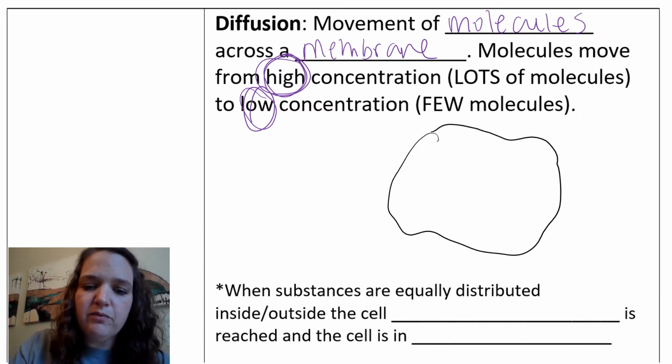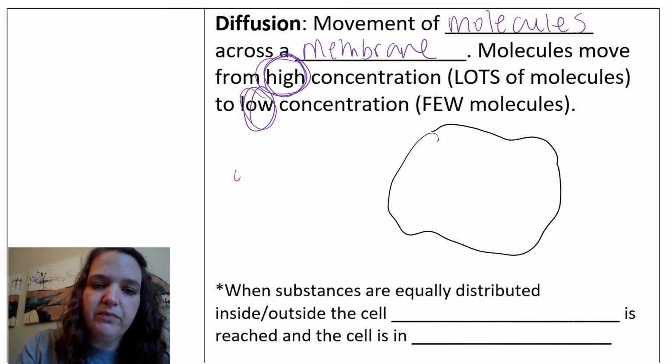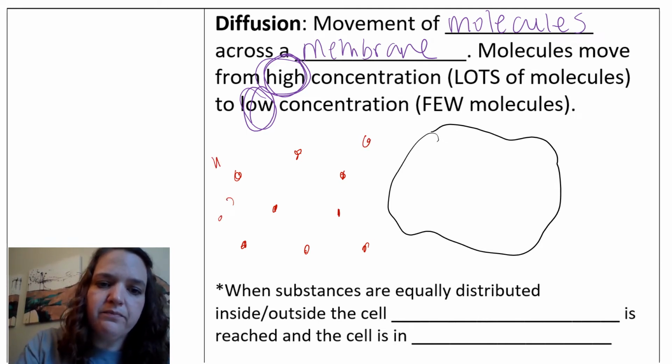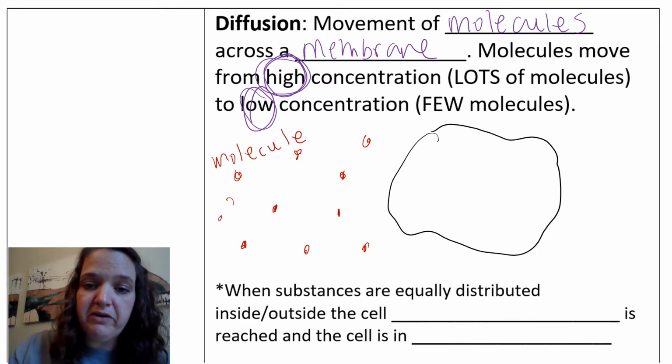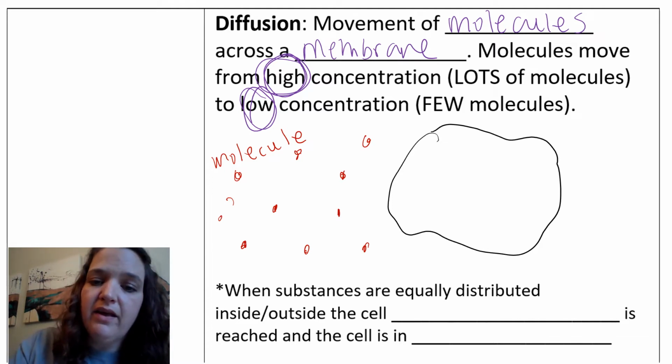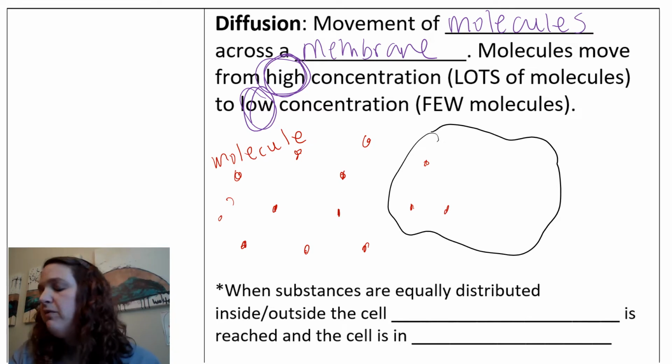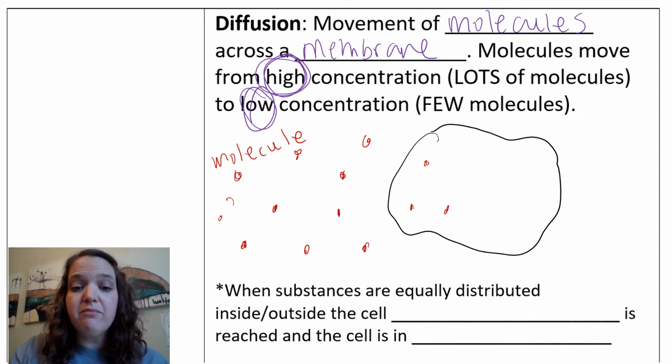And let's see, we're going to have some molecules on the outside of the cell. Let's say this is food. So maybe that's some strawberries or something that someone ate. And on the inside, we're just going to have a few of those molecules. So now we have a difference in concentration.